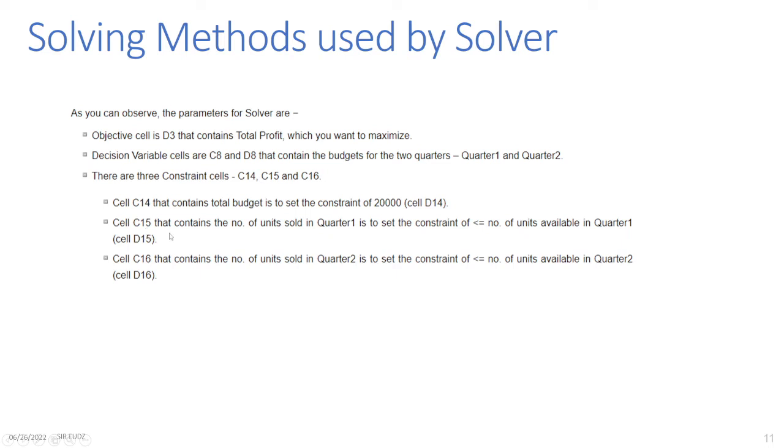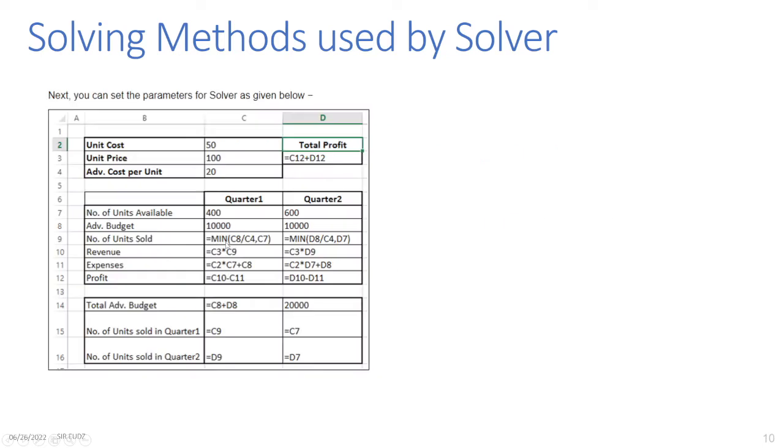Cell C15 contains the number of units sold in quarter 1, which is set to be less than or equal to the number of units available in quarter 1. That's why C9, the number of units sold, should not be higher than what is placed at cell C7.